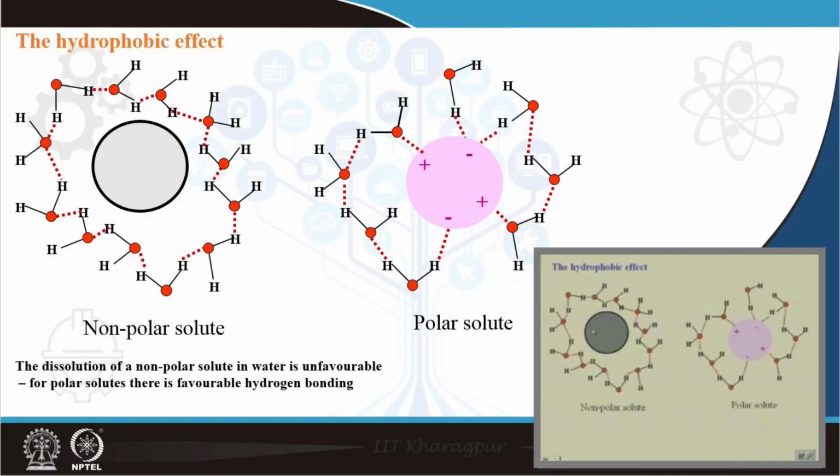When we have a non-polar solute, there is no possibility of hydrogen bonding. Why? Because we do not have any polar group or any group that can act as a donor. What do we have to have? We have to have a donor and an acceptor. But in the case of a polar solute, we see that there is the possibility of hydrogen bonding.